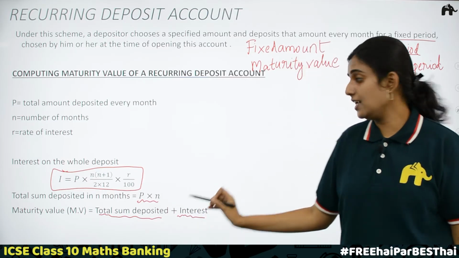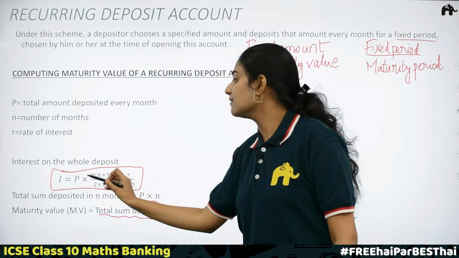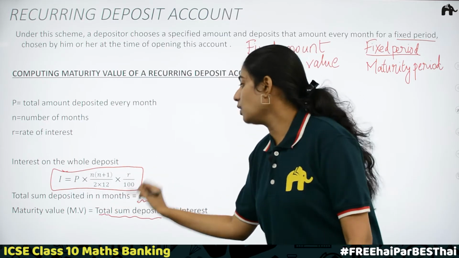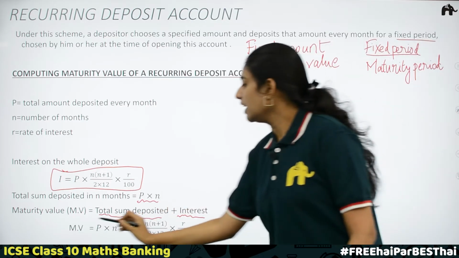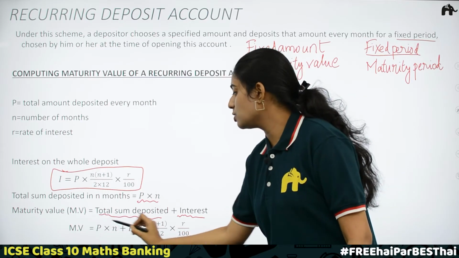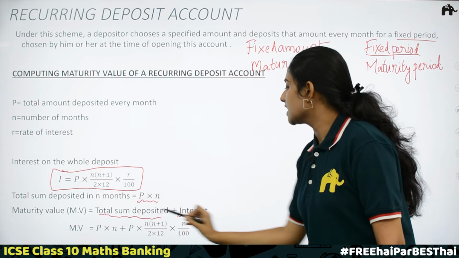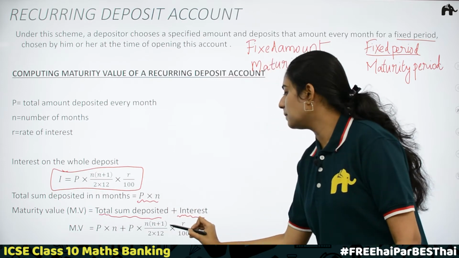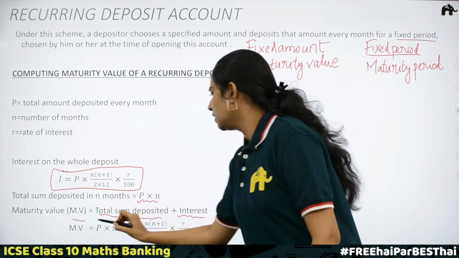So, P into N gives us the total sum deposited and we need the interest. We know how to find interest. Interest I is equal to P into (N plus 1) divided by 2 into 12 into R by 100. This is the equation to find maturity value, which includes P into N, the total sum deposited, and the interest, that is P into (N plus 1) divided by 2 into 12 into R by 100.